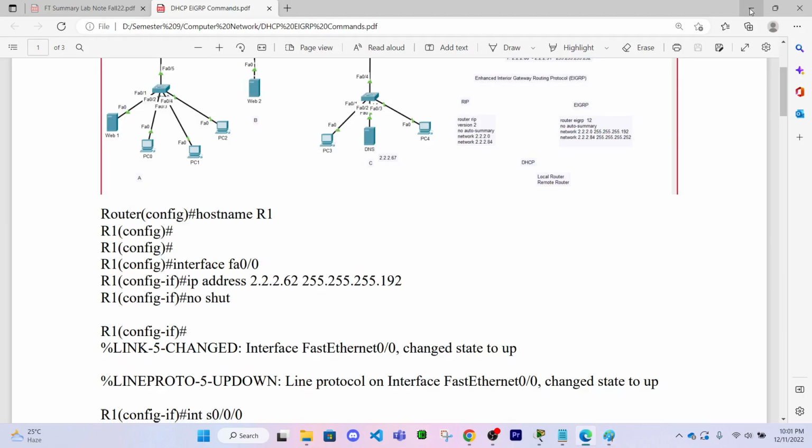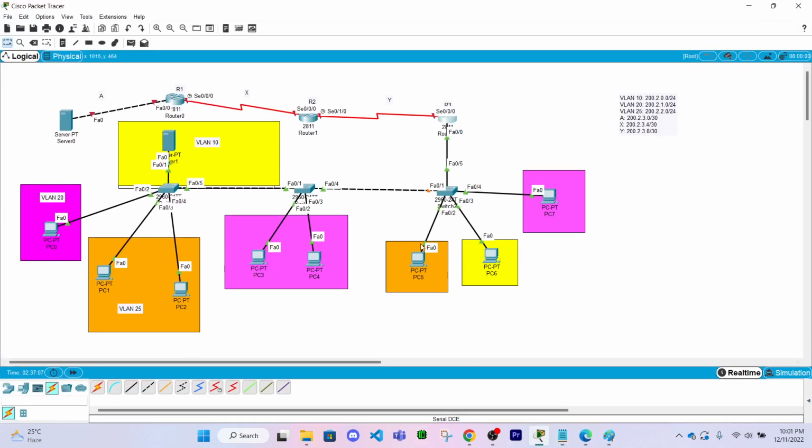As here A is 200.2.3.0 and the IP range will be 0 to 3, we can label this as 200.2.3.1 and this as 200.2.3.2. I again say what happened here.